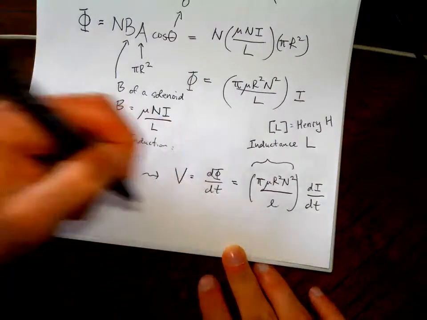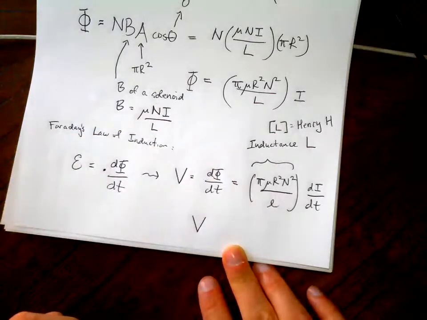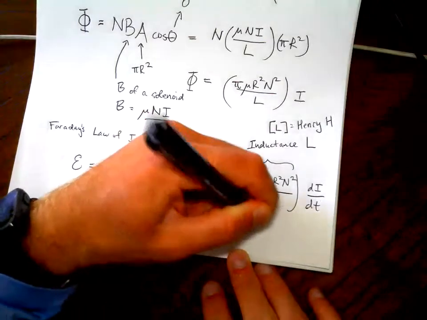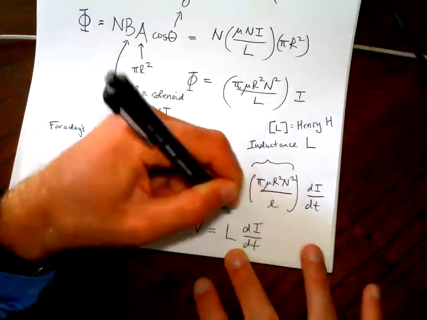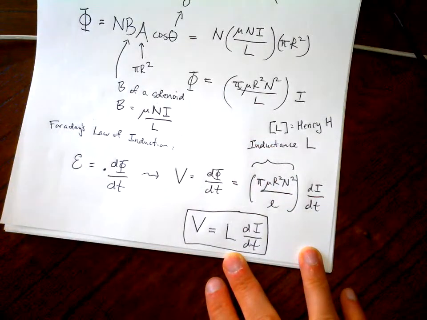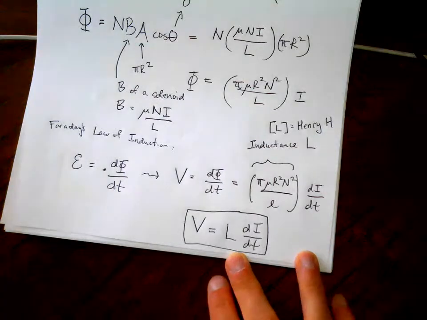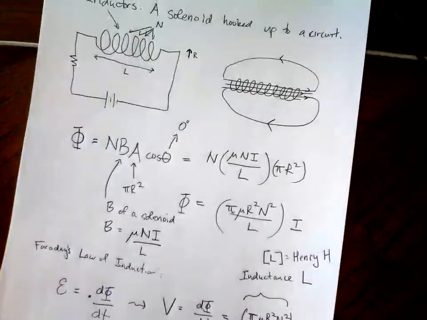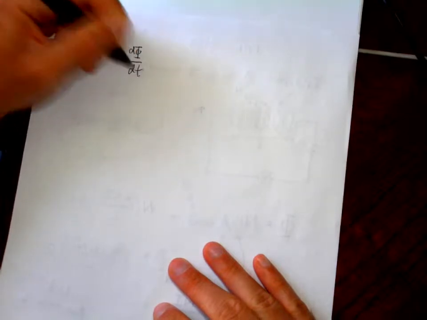Okay, so the voltage across an inductor is equal to L di dt. So that is today's main formula. The voltage across an inductor is L di dt. We could derive this straight from Faraday's law of induction. Faraday's law says voltage is the rate of change of flux with respect to time.